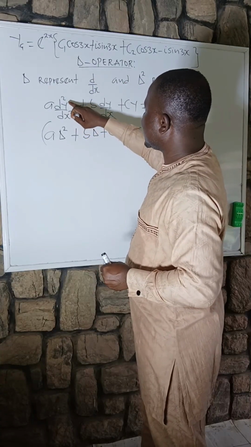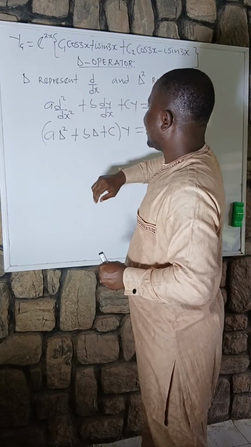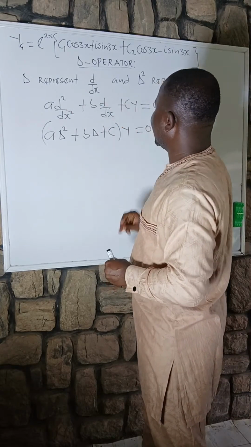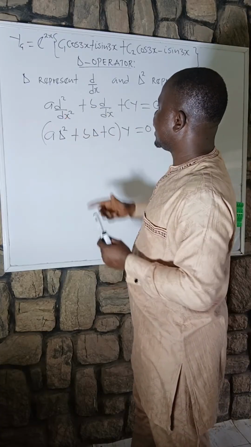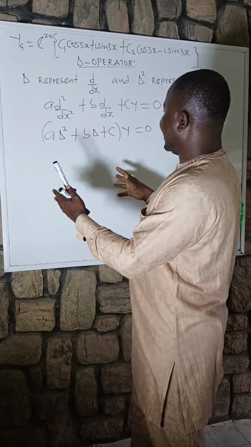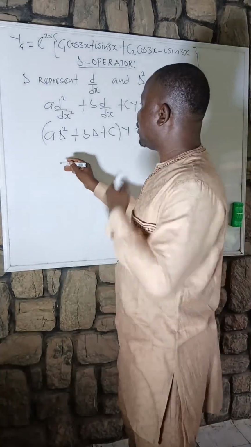It means here y will be missing, also here y will be missing. So by the time we place D, we will remove y, but y is in it. This is how this thing is.